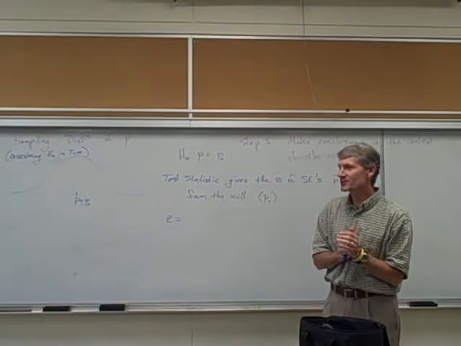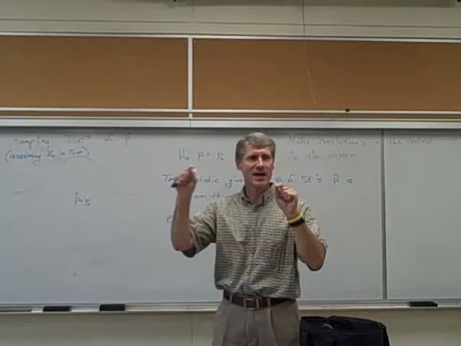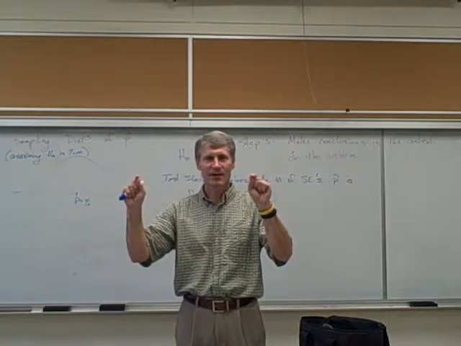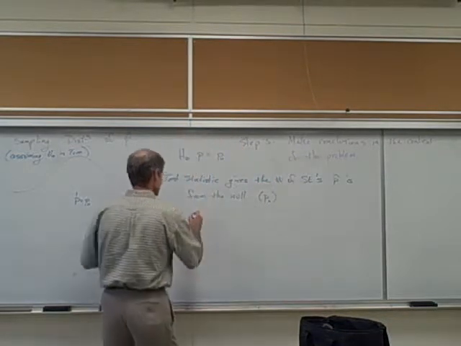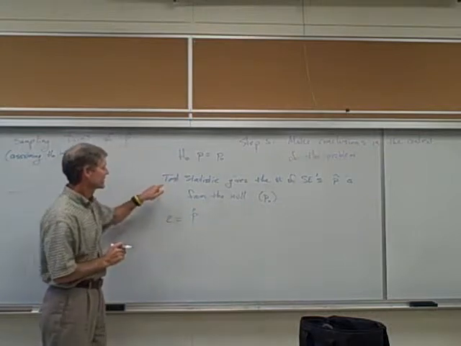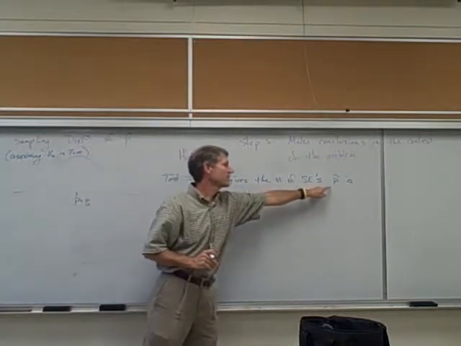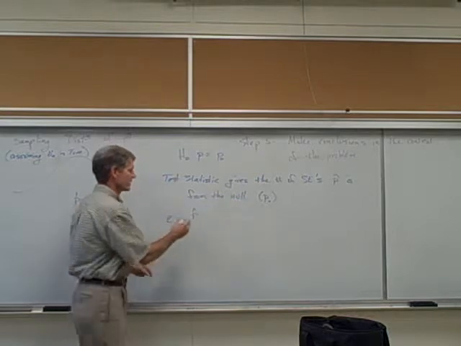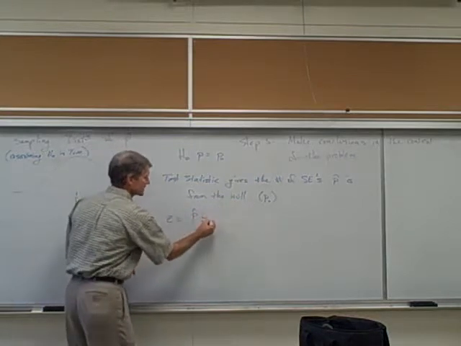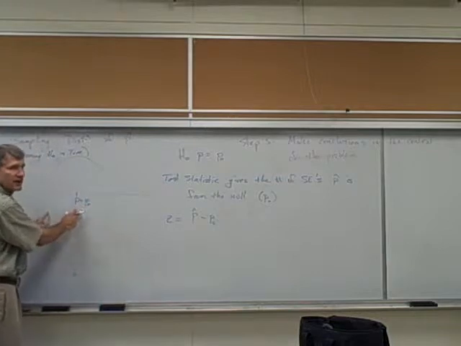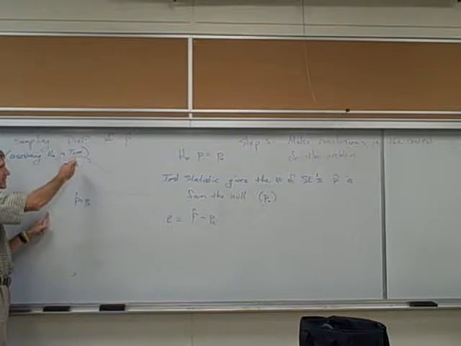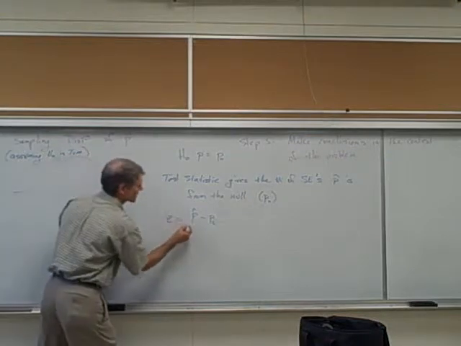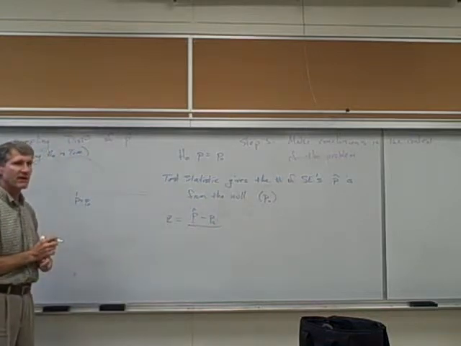But the z-score is you take the value, you subtract the mean of those values, and you divide by the standard error. Right? And so that's what this is. It's p hat, the number of standard errors that p hat is from the null. Well, the null is p0, and that's the mean of the p hats if the null is true. So that's the center of the distribution of p hat when the null is true. Now, if I want to convert that to number of standard errors, I need to divide by the standard error.